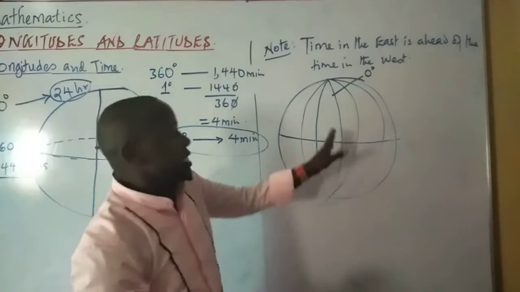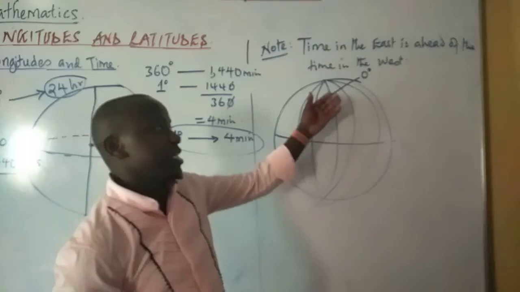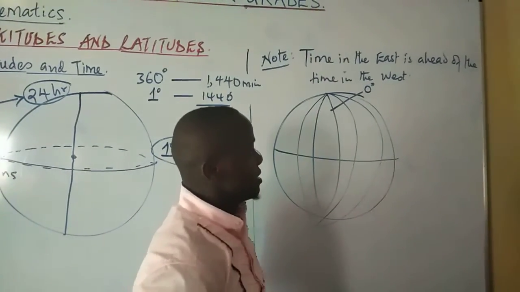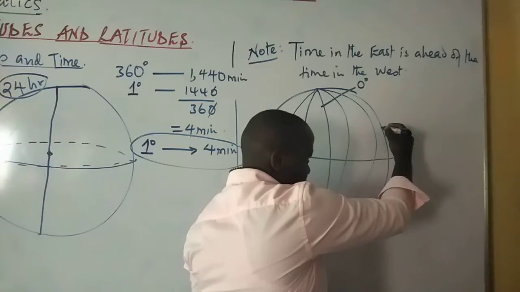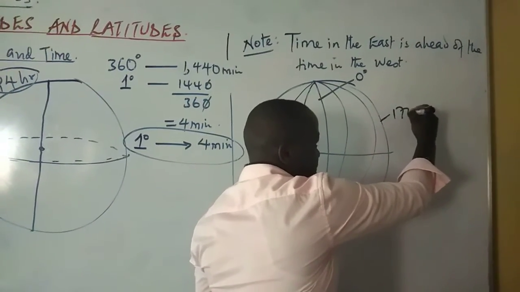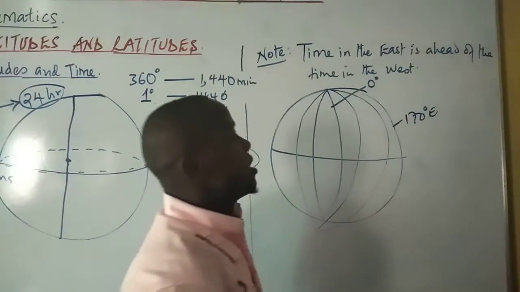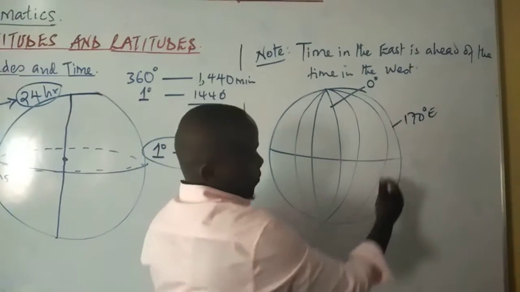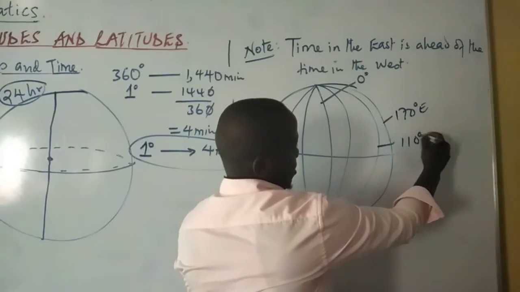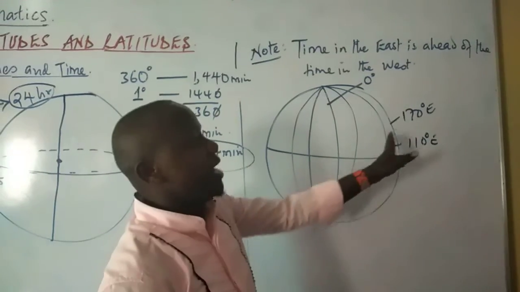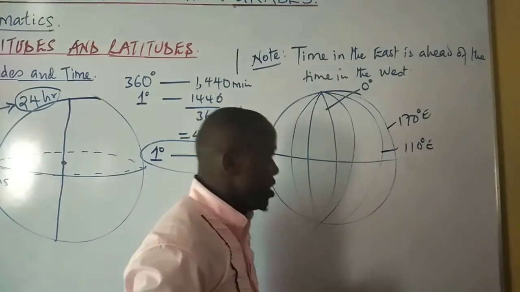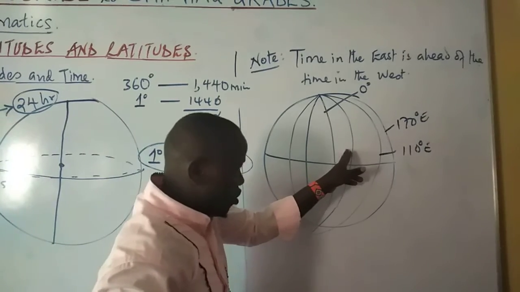So when this globe is rotating, the places in the east receive light. If this is 170 degrees east, this place dawns before maybe 110 east. So places on this longitude receive light before places on this longitude, and before places on this longitude.